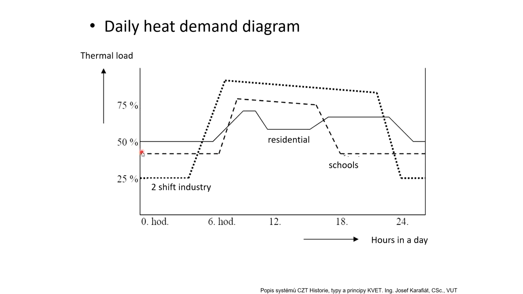Then let's have a look at an example of a typical heat demand diagram for, for example, schools, where you have again some baseline for tempering the building. Then in the early morning, when the operation starts, people come in, they need hot water, they want to increase the temperature in the rooms, so suddenly everything goes up.